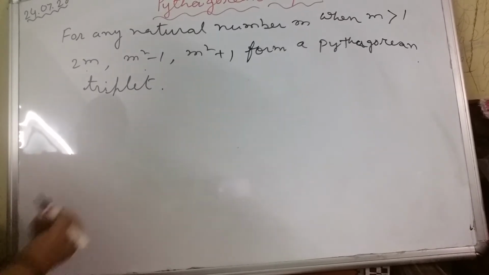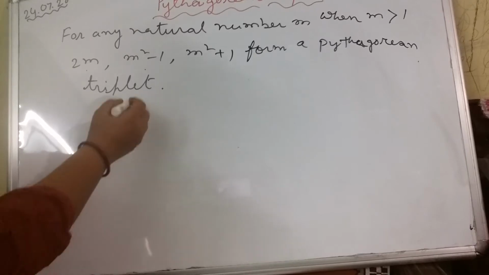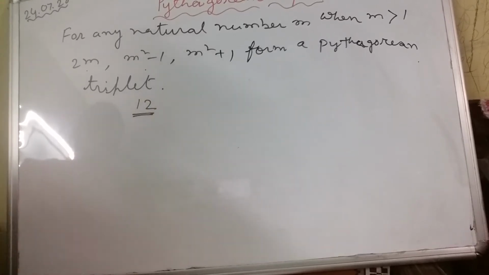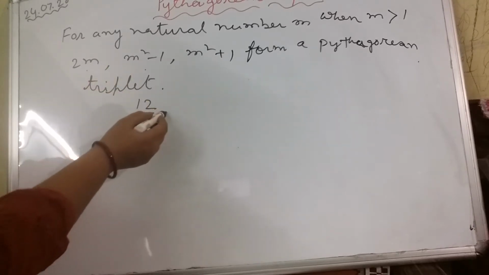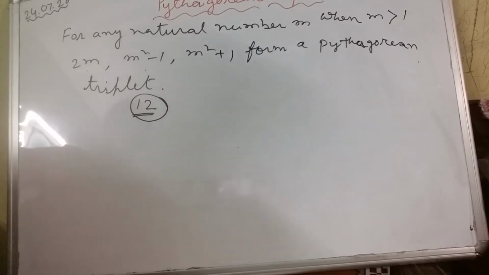Say a number that is 12. Okay, I have to find the Pythagorean triplet with this 12 as a member of that triplet.